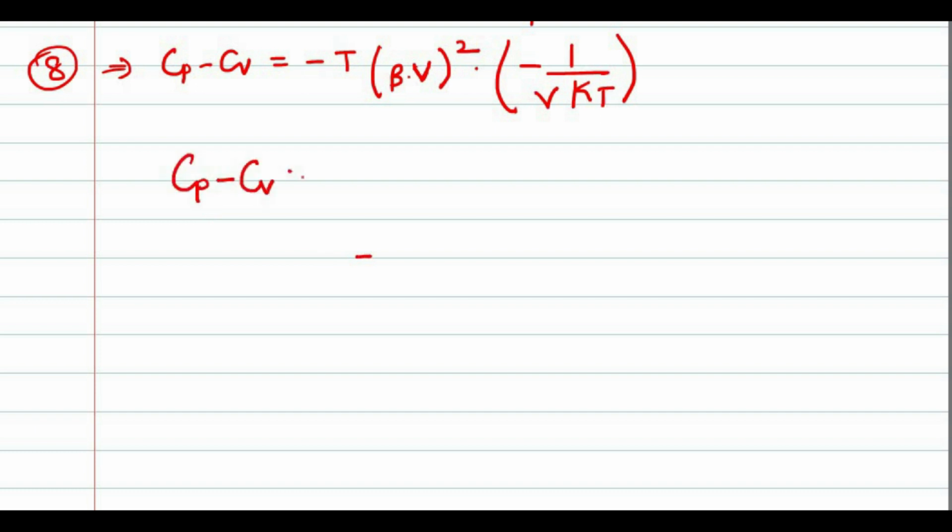Cp minus Cv is equal to, here a minus sign is there and here a minus sign is there, so minus into minus it will become plus T V square 1 by V into kT.